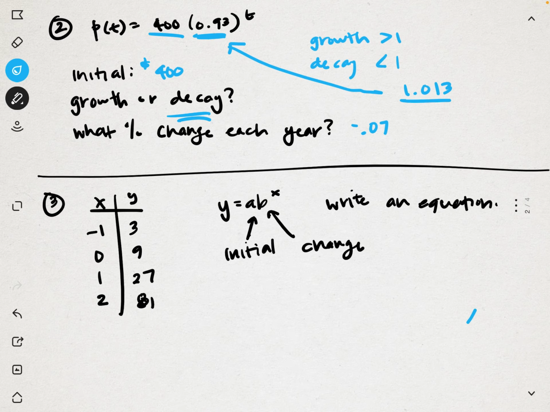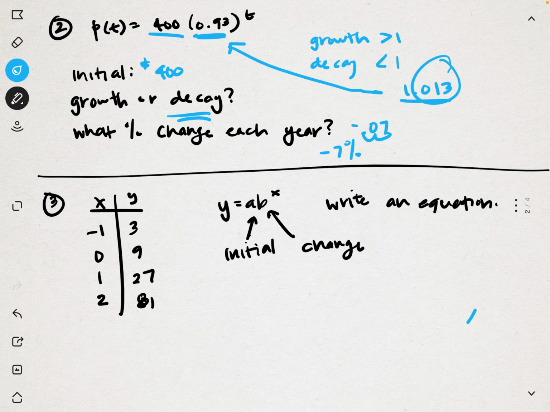Because it's greater than 1. And since it's asking what percent, we should say this as a percent. Remember to change from decimals back to percents, we just move our decimal place 2 to the right. So this is actually negative 7%.